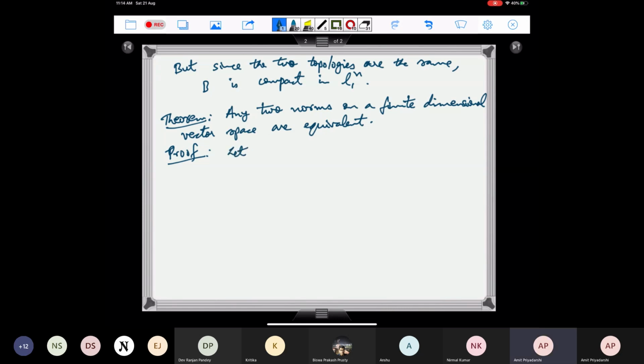So let V be a vector space of dimension, say, n.